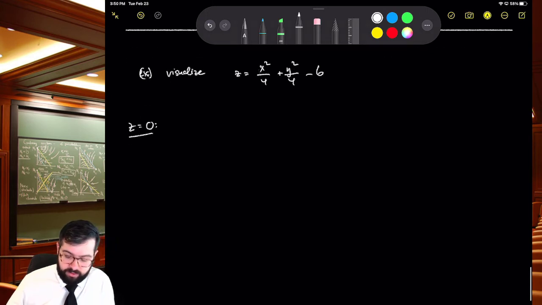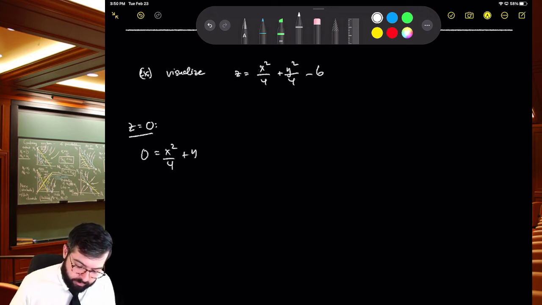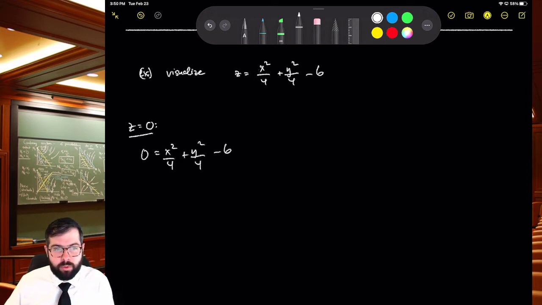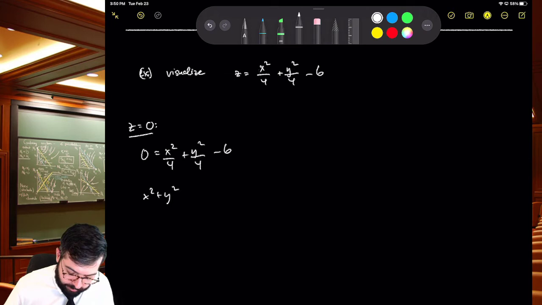Well, if we look at the z traces, at z equals 0, or in the xy plane, we've got 0 equals x squared over 4 plus y squared over 4 minus 6. If I just solve for something that looks a little bit more familiar, what I'll see is that x squared plus y squared equals 24.